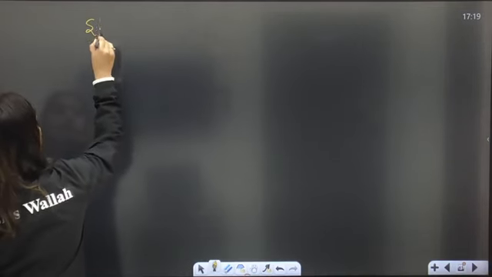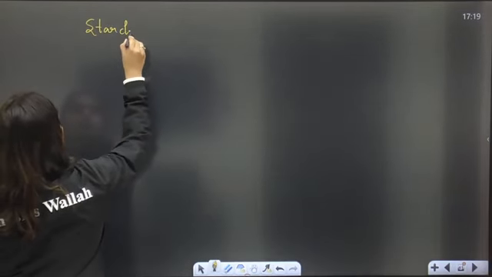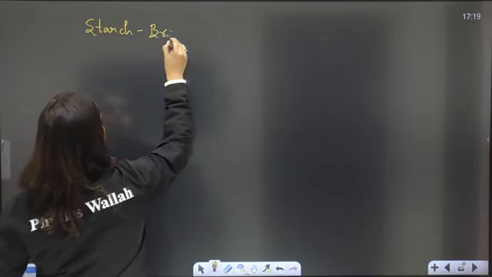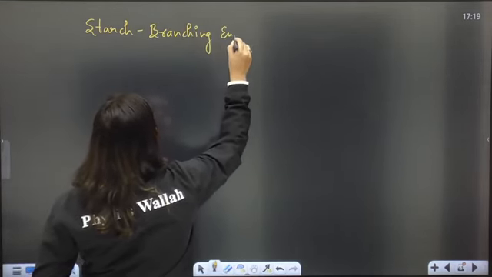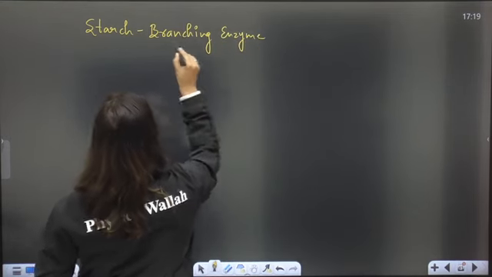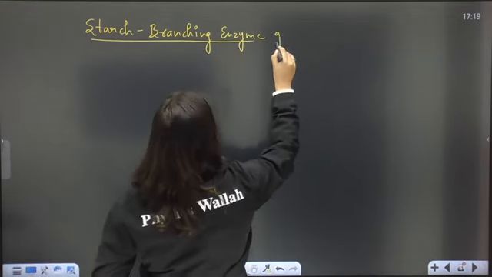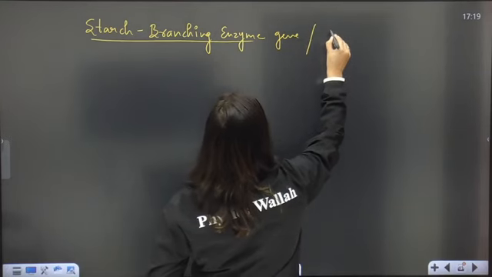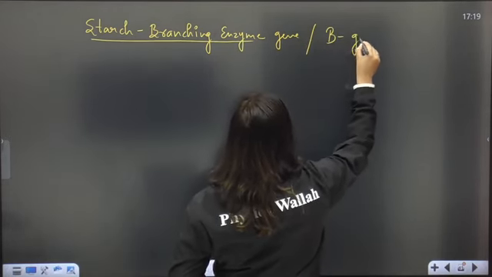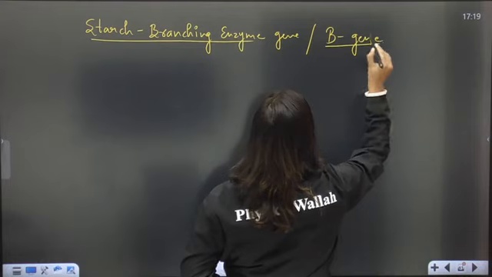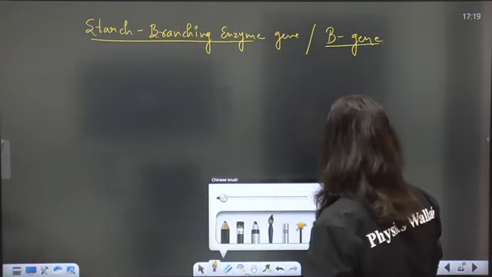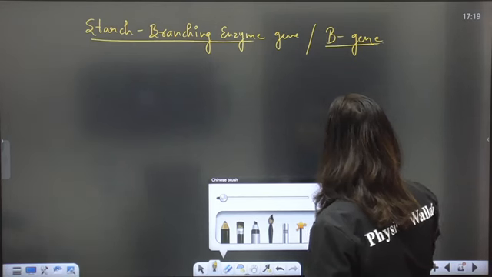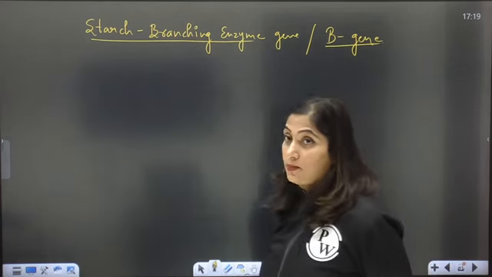Starch branching enzyme gene. NCERT says it as the B gene. This gene B is responsible for the formation of starch grains.